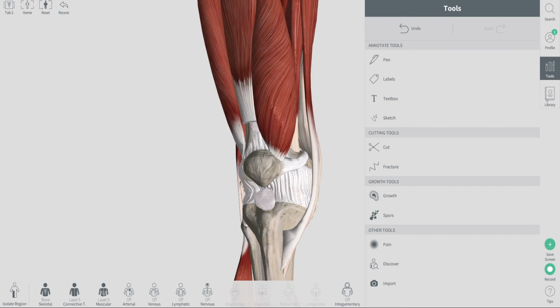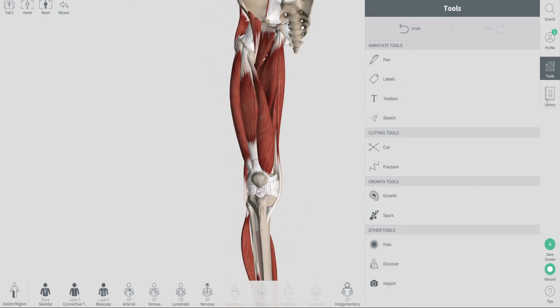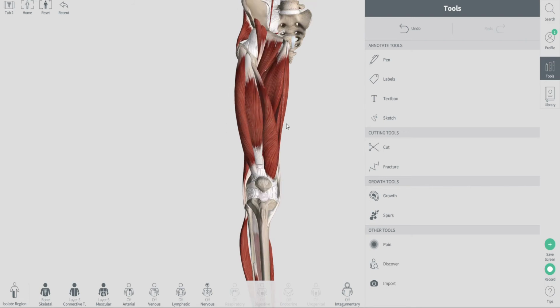A lot of times when we're looking at anterior knee pain, we need to be looking at the big picture. We need to see what's going on up at the hip joint, and what's going on with the hamstring muscles and the quads, because those have a huge influence on this guy right here. Usually when we're talking about knee pain, it's not the knee's fault.